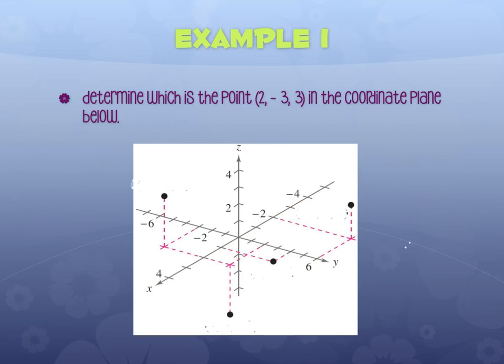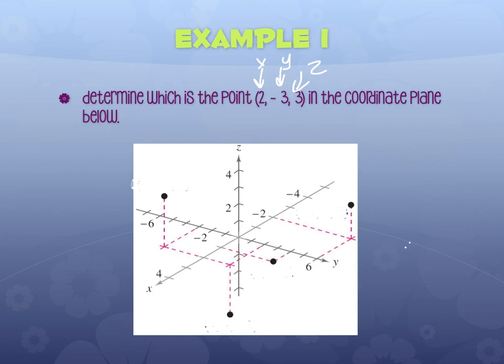All right, so if you're looking at this mapped out X, Y, Z axis, it says determine which is the point of (2, -3, 3) in the coordinate plane below. So the first one is your X, the second one is your Y, the third one is your Z. On the X axis, which is the one that's kind of diagonally coming towards you, like this way, +2 would be forward 2 places.